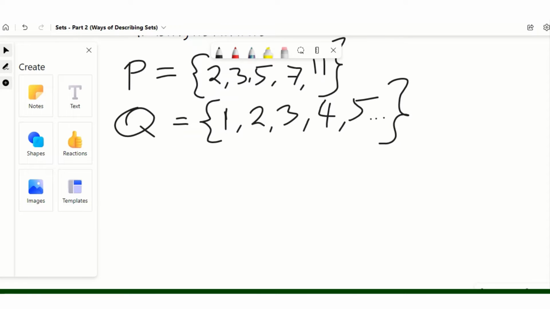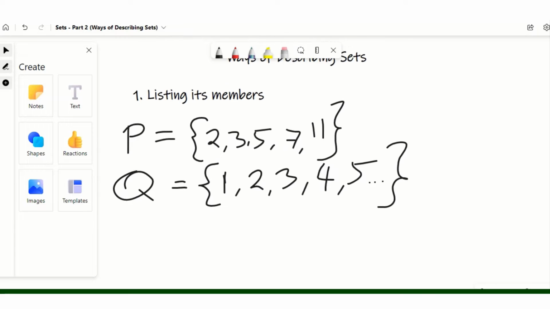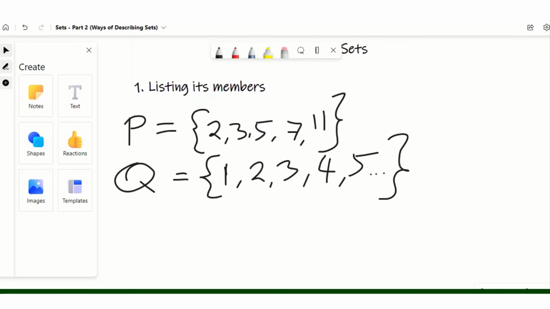Alright, so we have this example of listing the members of a set. We have described the set P and set Q. To describe them, we have listed the members. The members of set P, 2, 3, 5, 7, 11, are these. So the set Q is described as 1, 2, 3, 4, 5.